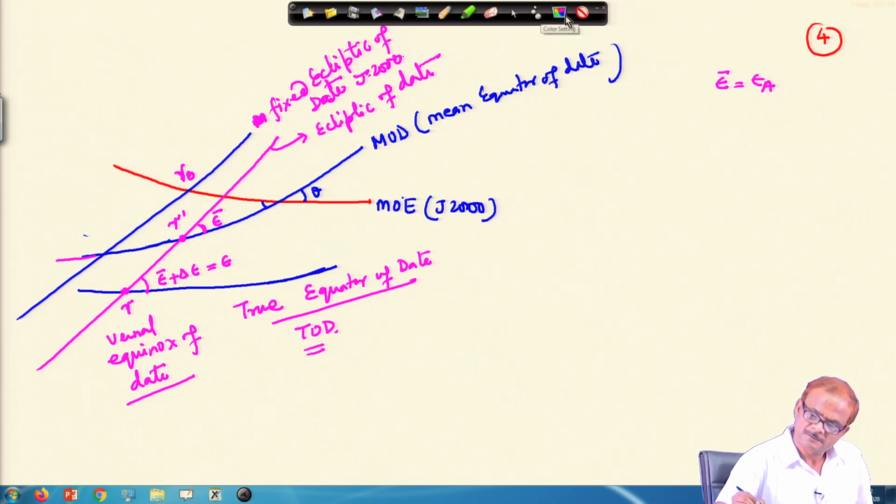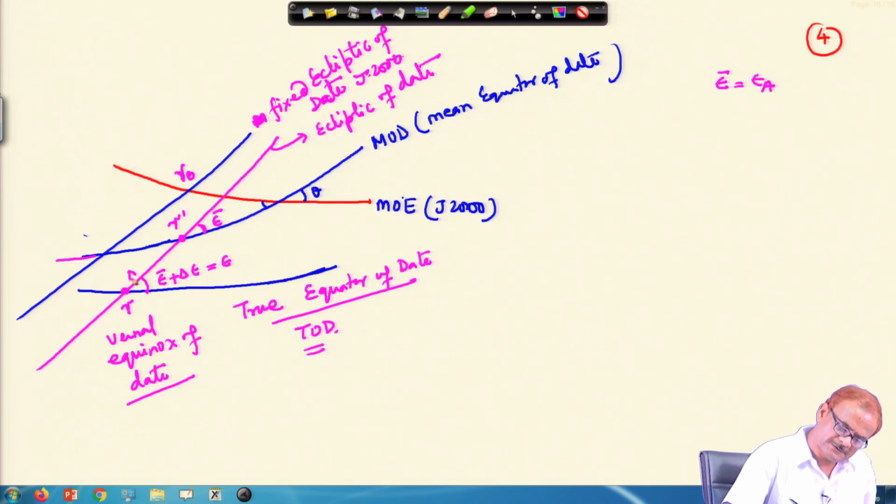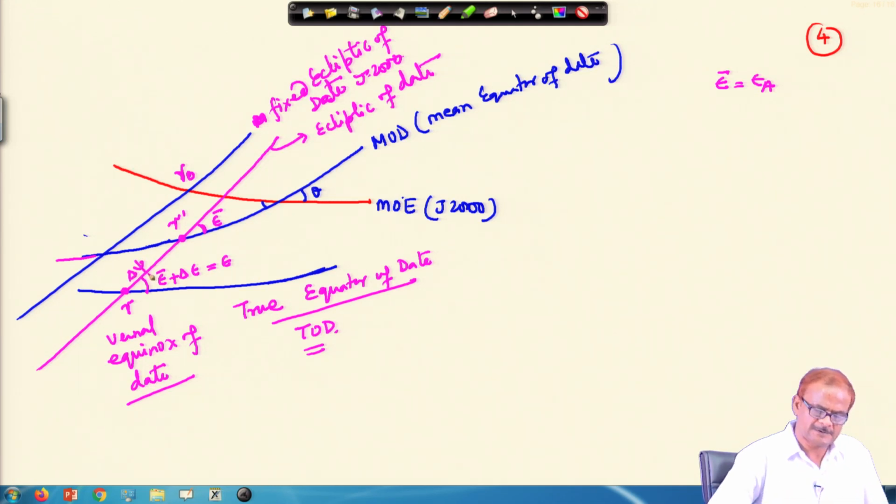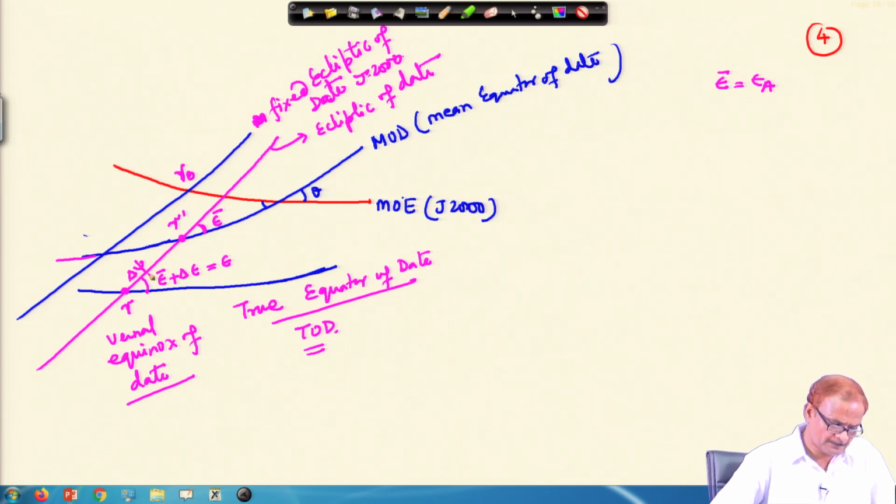And the angular distance between these two we have shown by delta psi. There are various other angular representations we can write here, but those are not necessary.